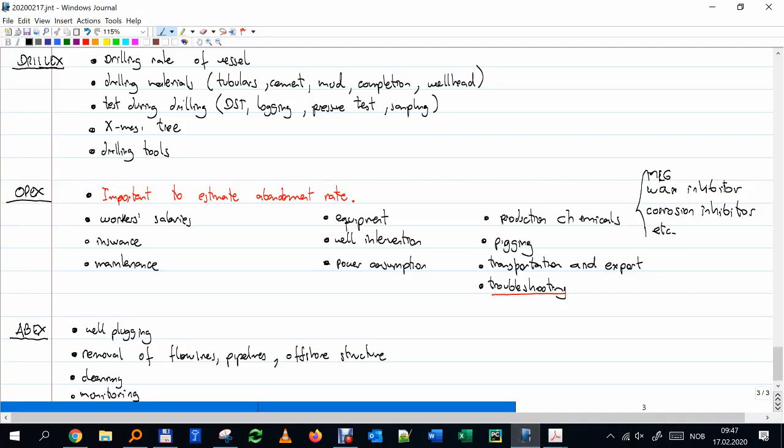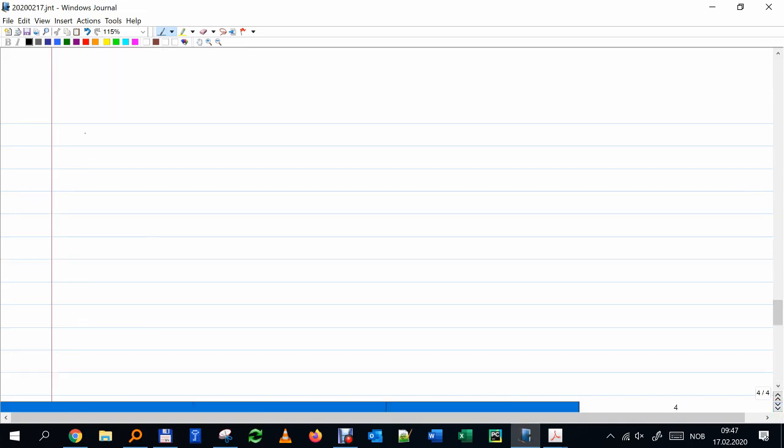Okay, so how do we perform our NPV calculations? As you know, NPV, probably know, right, is the sum from time equal 1 to time equal n, which will be abandonment, of the cash flow of year i, of that particular year.